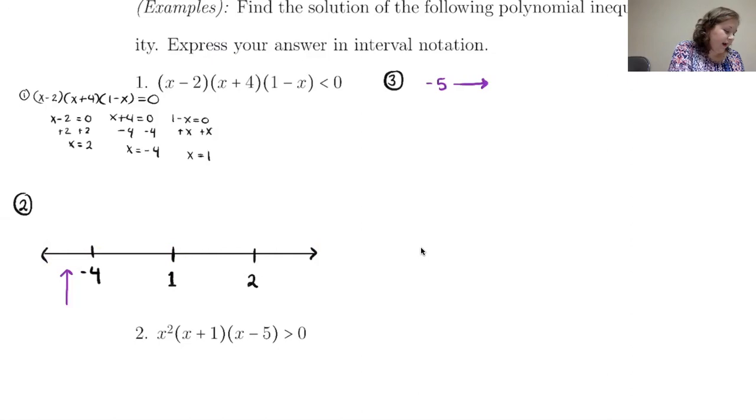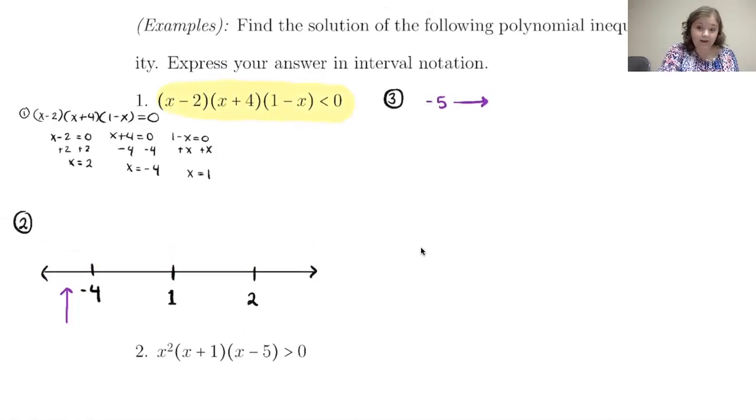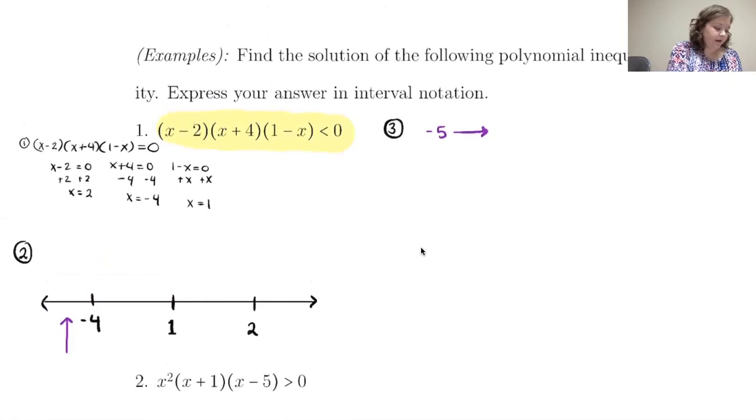Okay, and then I'm going to plug that into this original inequality and see if that number makes that inequality true or false. So if I plug in -5, I've got -5 minus 2 times -5 plus 4 times 1 minus -5, so that becomes 1 plus 5, because the negatives cancel each other out, and then all of that less than 0.